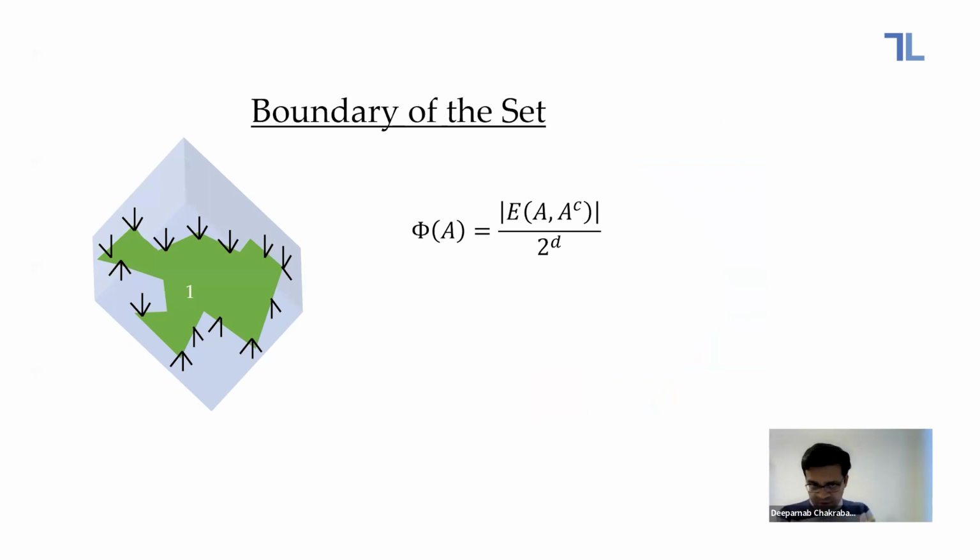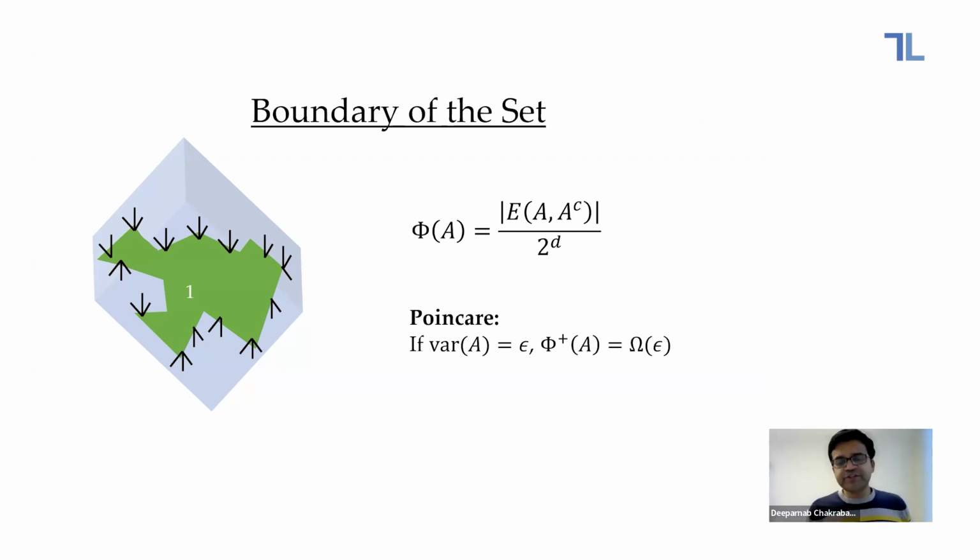Right now we are in the undirected cube, the undirected hypercube graph. We talked about the normalized boundary size, which you call phi, which is the number of edges divided by 2 to the d. And what I said is that there is this folklore theorem, which is actually more general than just this statement, is that, oh, there's a typo here.